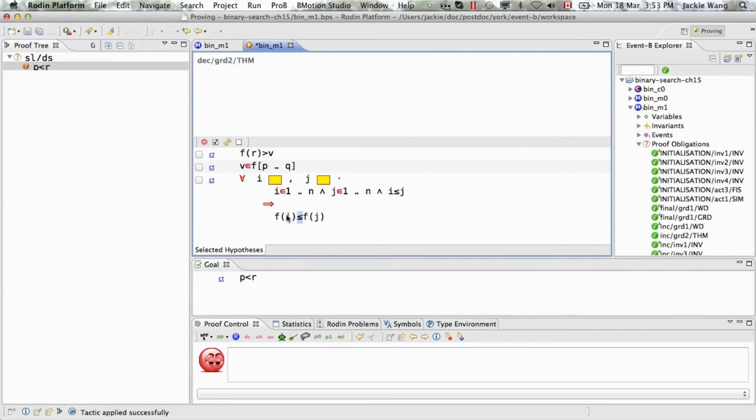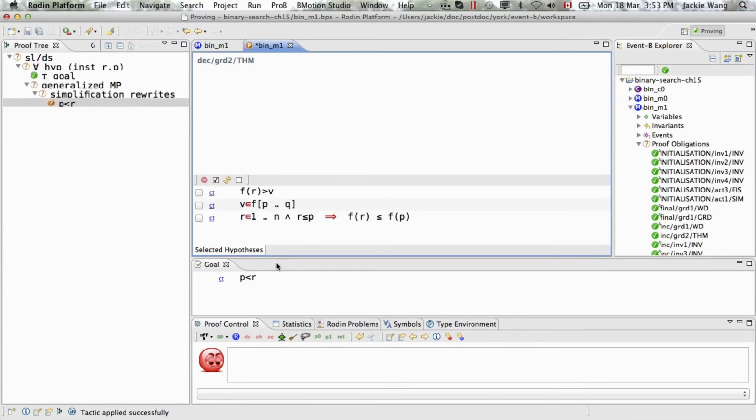So we want to instantiate I as R, and we want to instantiate J as P. And we instantiate the universal quantifier, and now here is the point to apply the modus tollens, because we want to negate the less than or equal to relationship to become greater than.